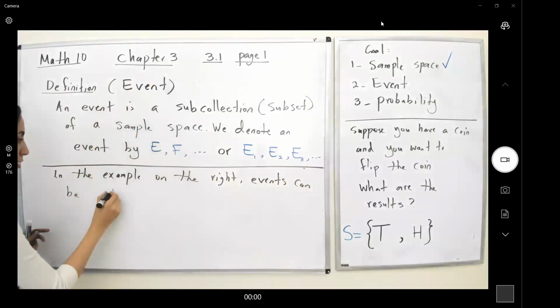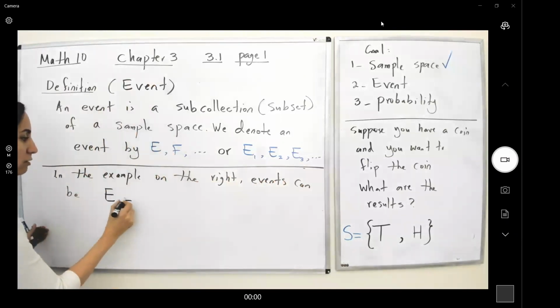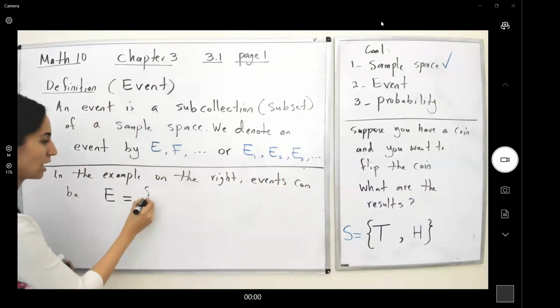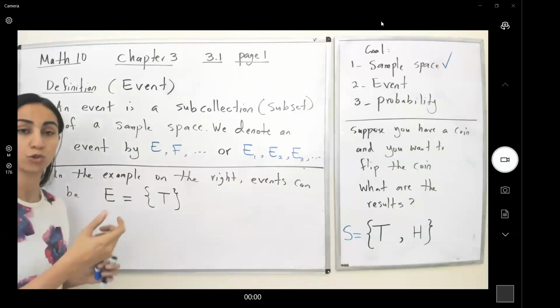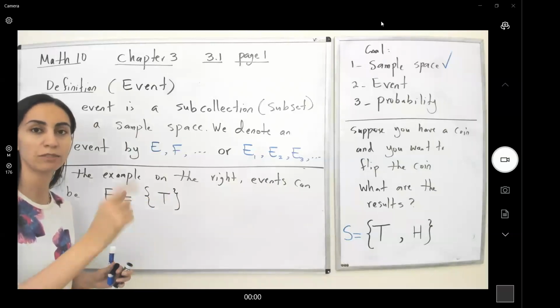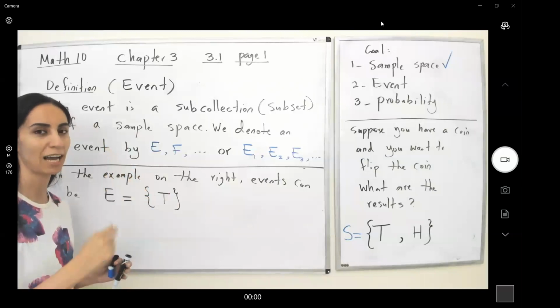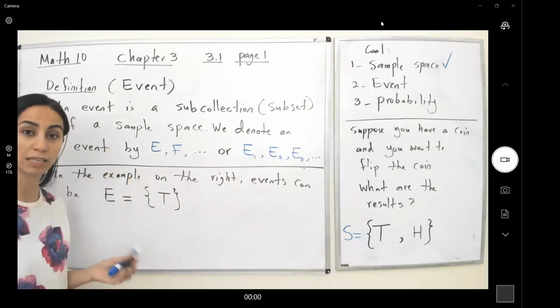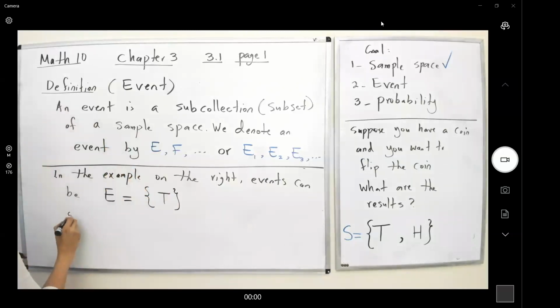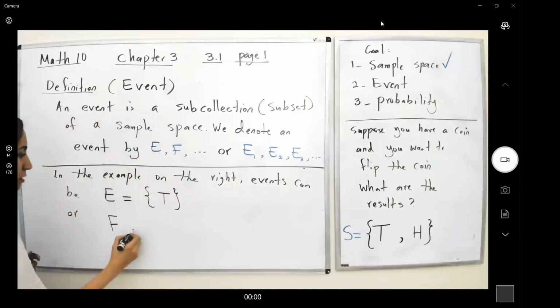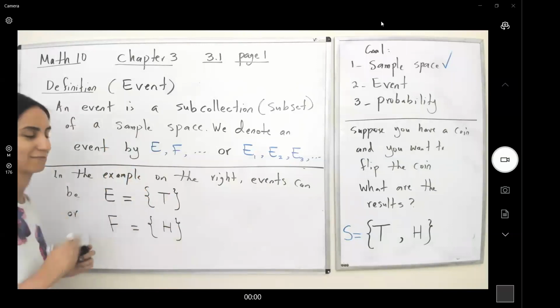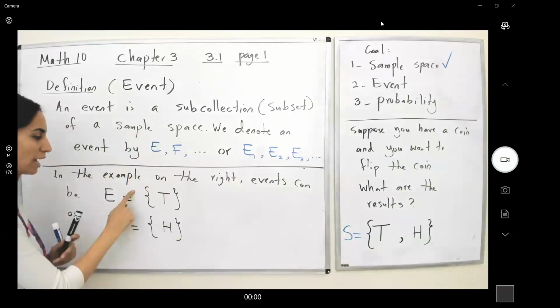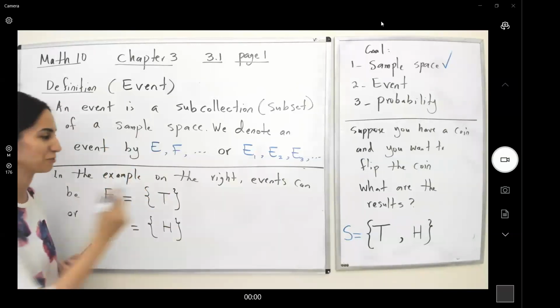So, event E can be having just tail. So, you have a coin and you flip it once. You might have a tail. Another event can be having the head. We have two events here.